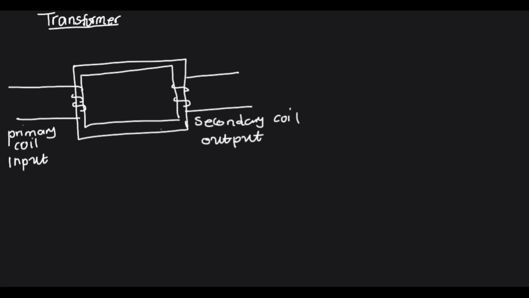Away from there, if we look at the operation of a transformer, the transformer operates on a phenomenon known as mutual induction. So mutual induction talks about how the current that passes through the primary coil creates the alternating magnetic field lines that will induce current on the secondary coil.